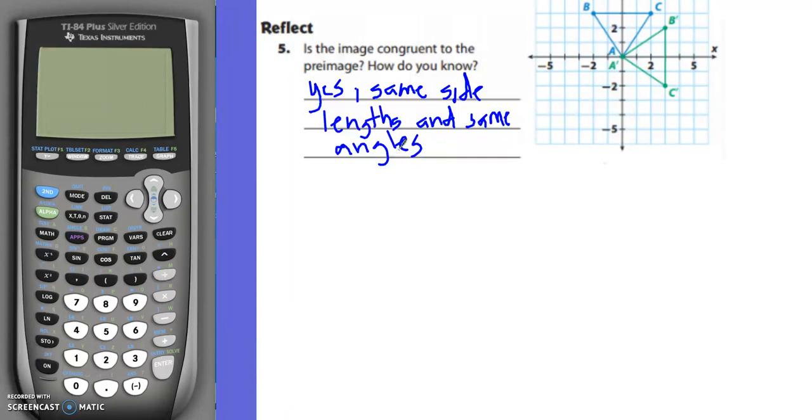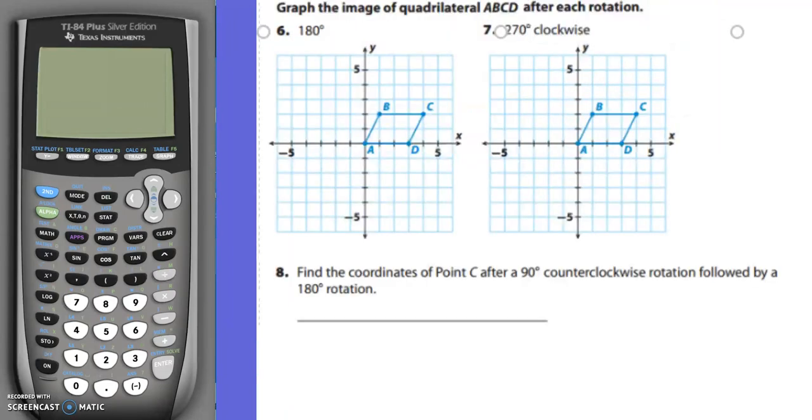All right, let's take a look at number 6. I'm going to write this down. So we're going to do it 180 degrees. When you think about 180, taking this, it's going to probably fall somewhere around here. Think about a straight line through here.